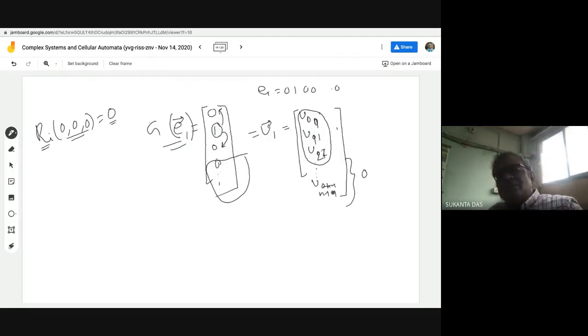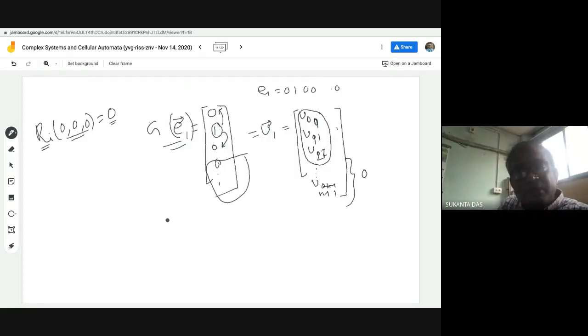Anyway, the point is this part will remain 0, and only these parts can be non-zero. Why? That depends on the neighbor dependency. And it gives a hint that by exploring neighbor dependency, I can get this T matrix.